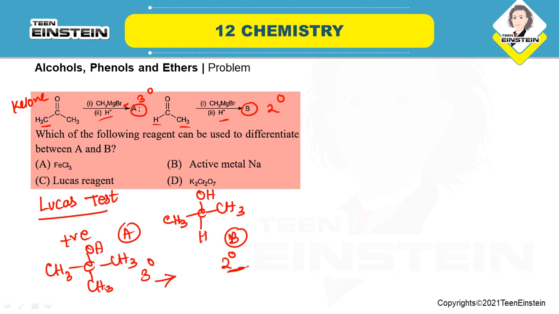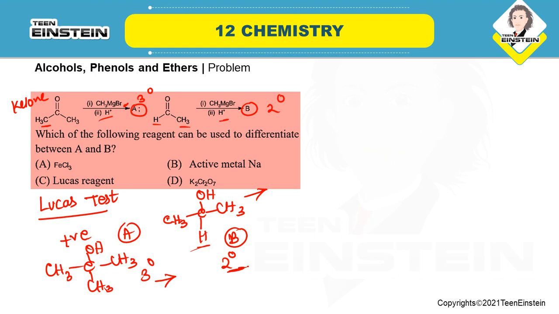Here the other reagents, that is active metal sodium, will react with both of these alcohols, because in both cases the OH group is present, and FeCl3 will also make a complex with OH, so it will be common for both. K2Cr2O7 is actually an oxidizing agent, it can oxidize secondary alcohol and that will be converted to acetone again. But for tertiary alcohol, as there is no hydrogen attached directly to carbon, oxidation is not possible by K2Cr2O7.